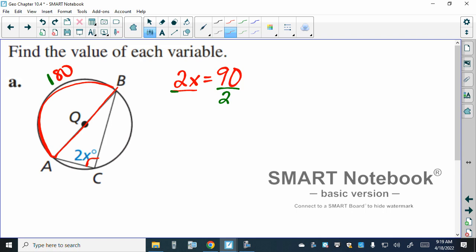Divide both sides by 2. 2x divided by 2 is x. 90 divided by 2 is 45. x is equal to 45, that's it. Any questions on this here?